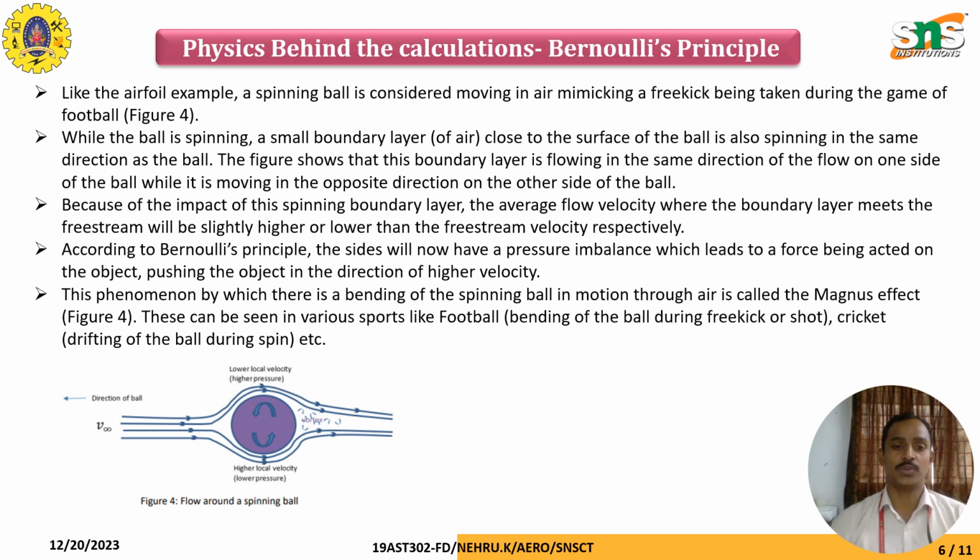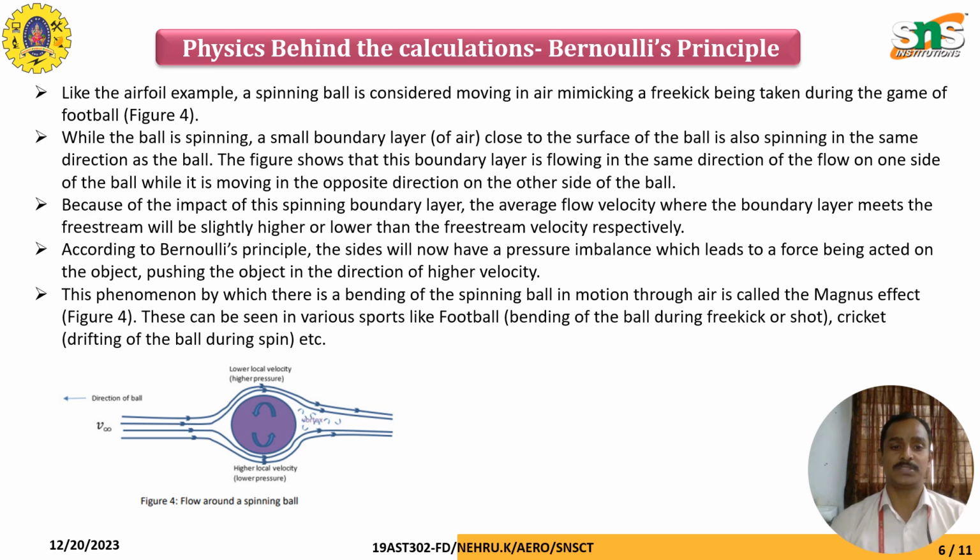The figure shows the boundary layer flowing in the same direction as the flow on one side of the ball while it is moving in the opposite direction on the other side of the ball. Because of the impact of this spinning boundary layer, the average flow velocity where the boundary layer meets the free stream will be slightly higher or lower than the free stream velocity.